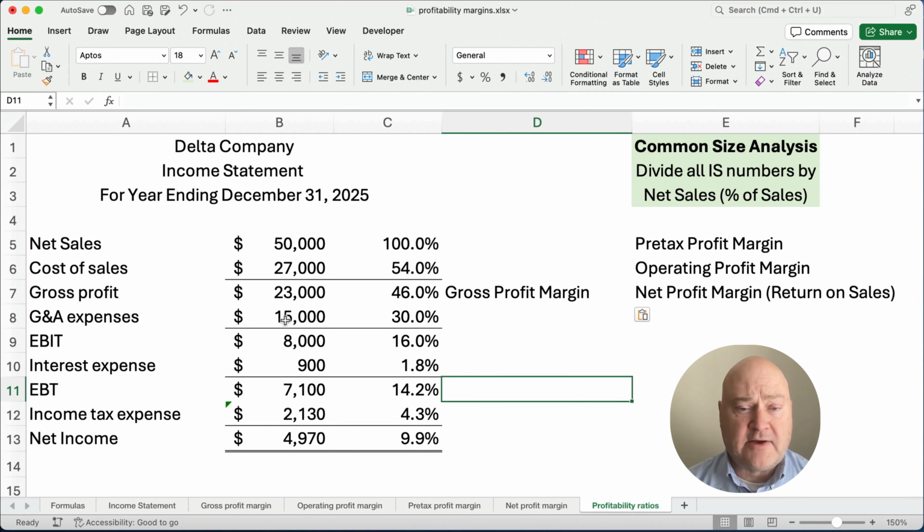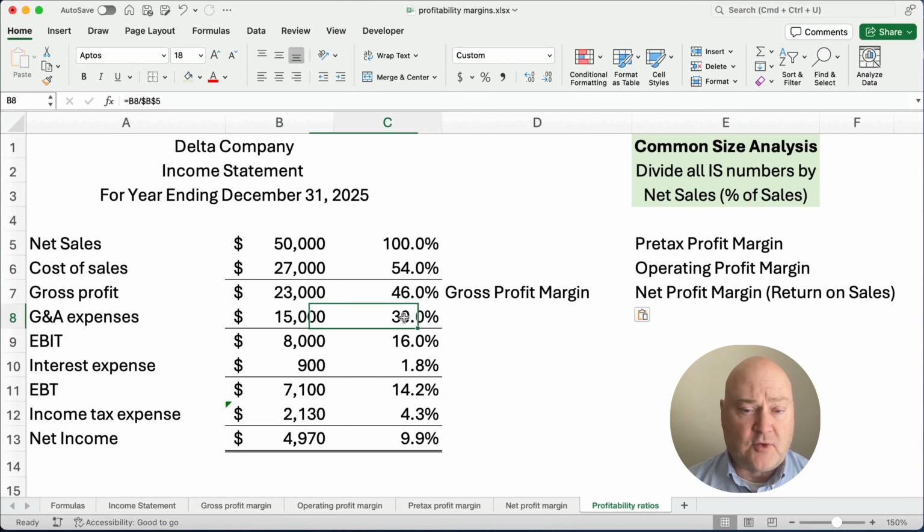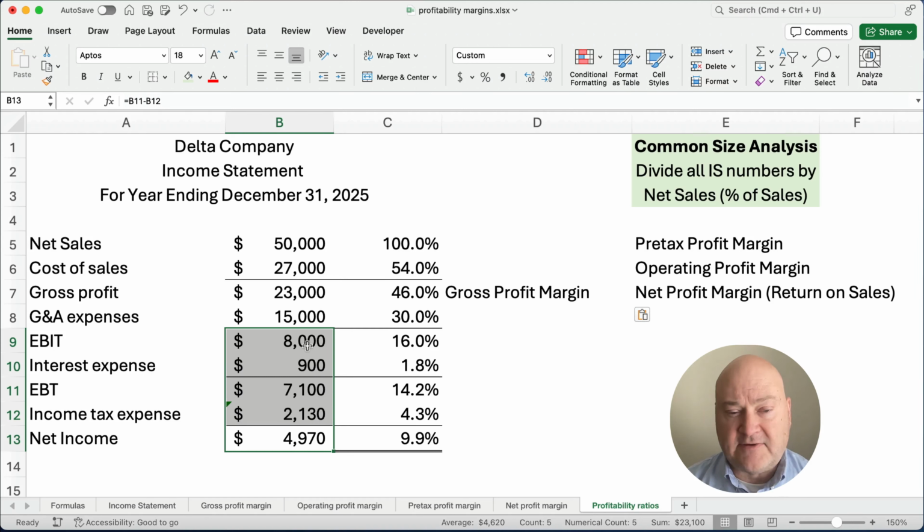Then we subtract out 15,000 or 30% of sales to get EBIT. Now what is EBIT? Earnings before interest and taxes. If you don't know that number, you can start with net income and add the tax first and get 7,100, then add the interest of 900 and you get EBIT, earnings before interest and taxes.